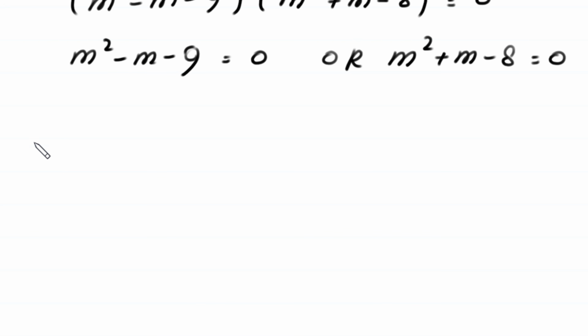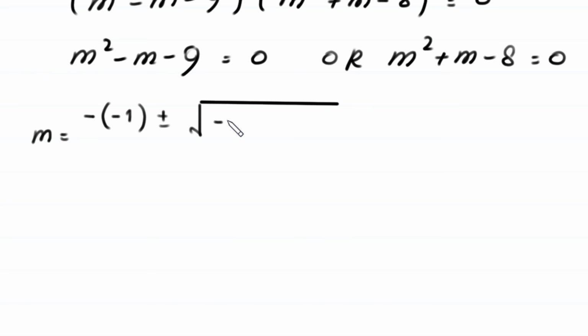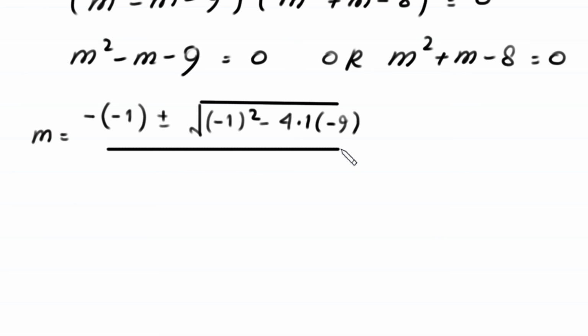According to quadratic formula, m is equal to negative b, which is negative 1, plus or minus the square root of, in place of b squared we write negative 1 squared, minus 4 times a, which is 1, times c, which is negative 9, divided by 2 times a, which is 1.